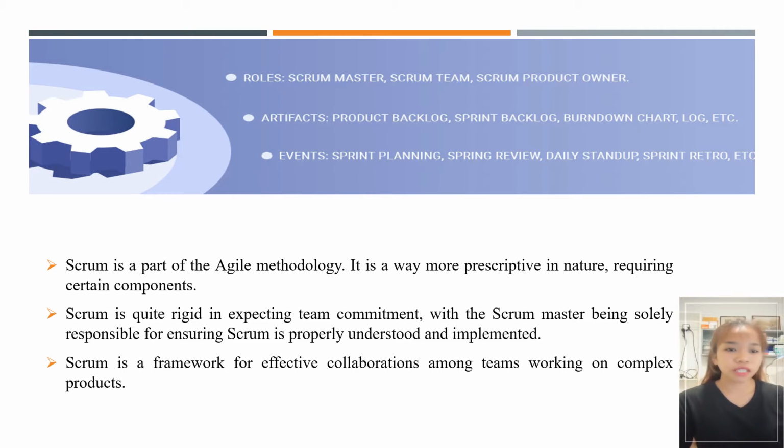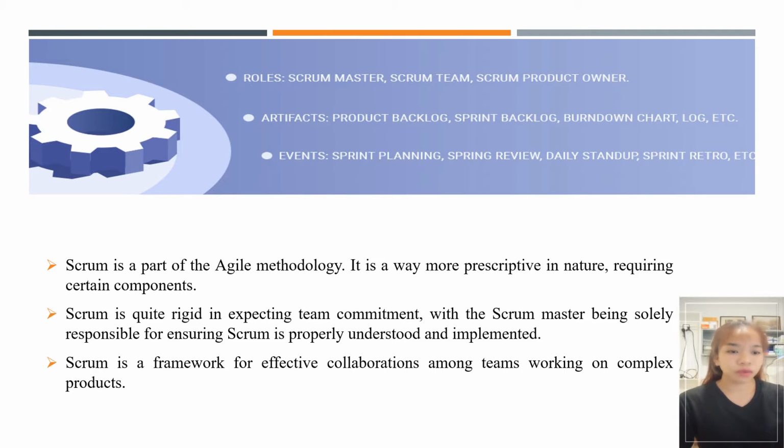So, Scrum is a part of the Agile methodology. It is way more prescriptive in nature, requiring certain components. Scrum is quite rigid in expecting team commitment, with the Scrum Master being solely responsible for ensuring Scrum is properly understood and implemented.